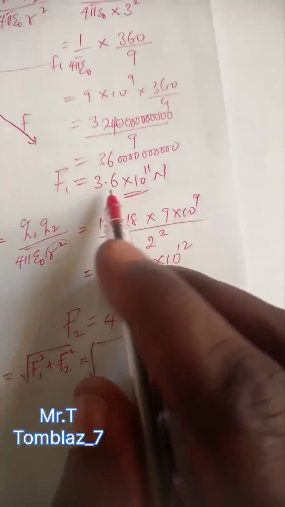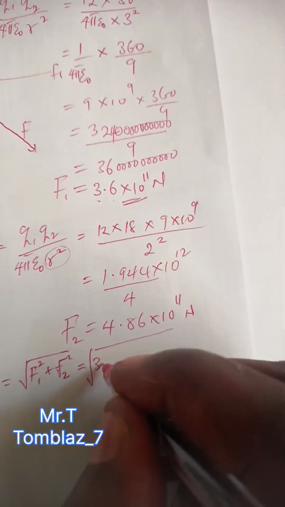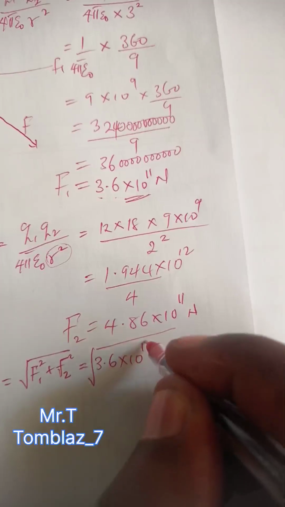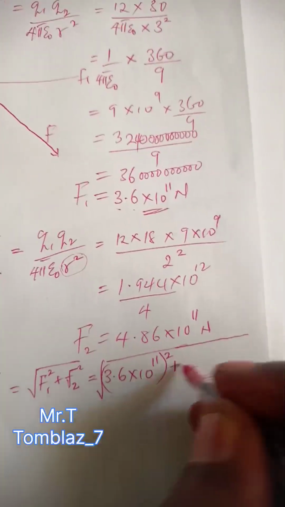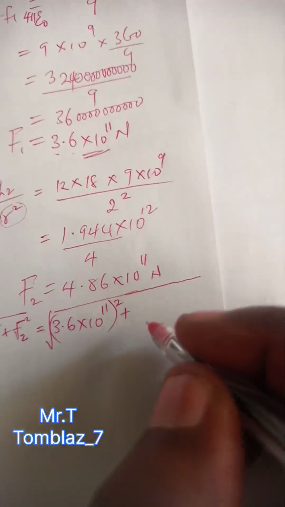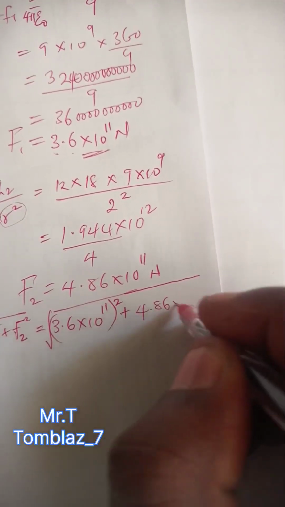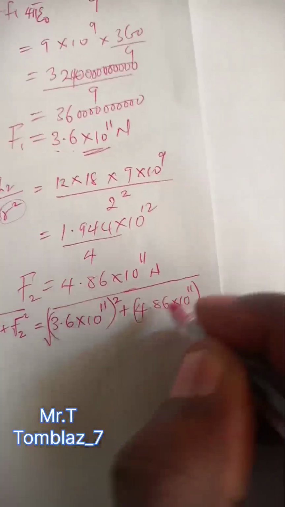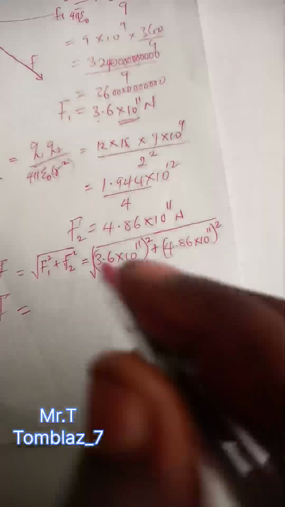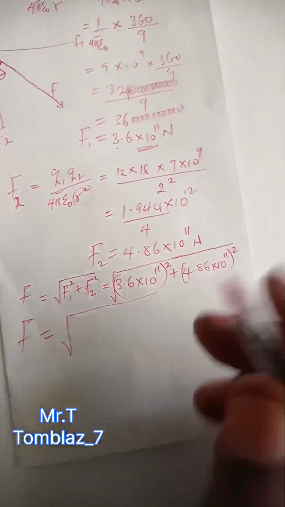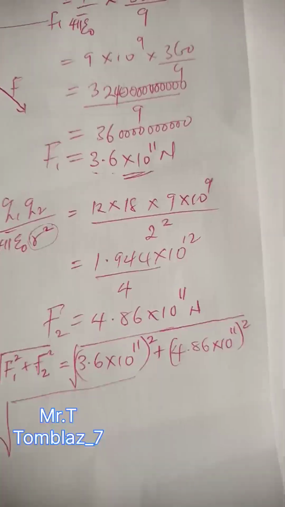So we'll be having this value, 3.6 times 10 raised to the power 11 all squared, plus 4.86 times 10 raised to the power 11 all squared. So your F will be equal to the square root of, so let's take the square of this value.